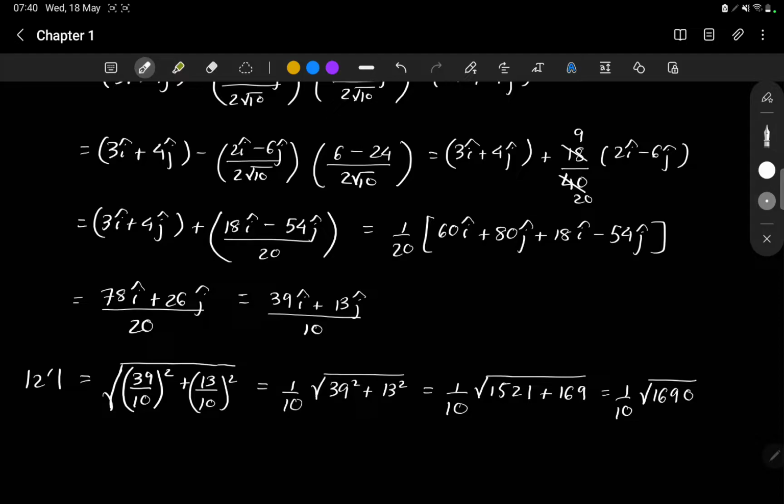So this square root comes out to be some numbers which are not integers, so we will leave it at that.